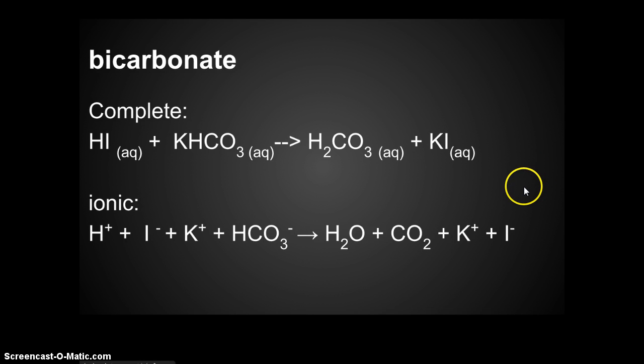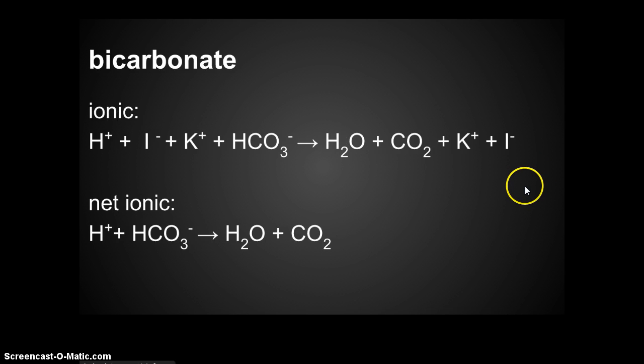We're going to have some spectator ions, so let's cross some of these spectator ions out. We have the iodide, we have the iodide, we have the potassium ion here, and we have a potassium ion there, and so we're left with a net ionic equation that looks like this. The hydrogen ion from our acid reacting with our bicarbonate ion gives us water and CO2.